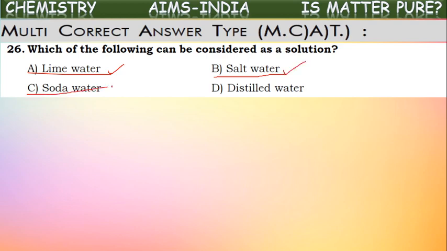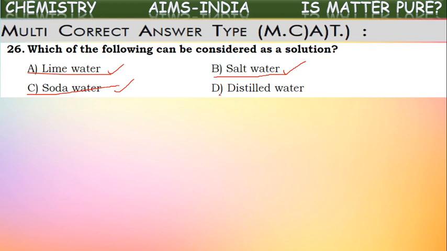If we see soda water, what is meant by soda water? The water which contains dissolved carbon dioxide. So a substance is dissolved in water. It is also coming under solution. Now what about distilled water? Distilled water means pure water which does not contain any other particles.